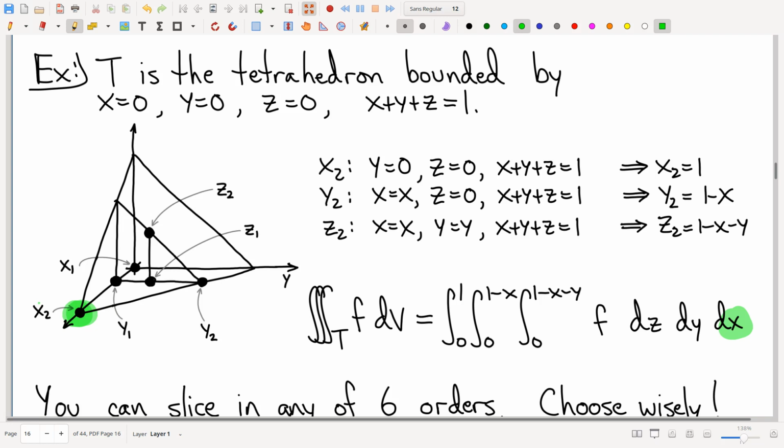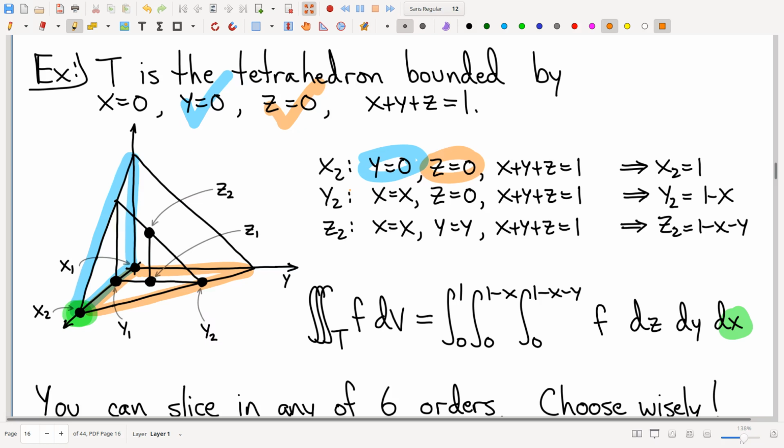And here it is. I can tell from the picture, thank you, picture, that the point that defines my last slice is on this plane, the plane y equals 0. I can also see from the picture that the point I'm interested in here is also on that plane. That's the plane z equals 0.